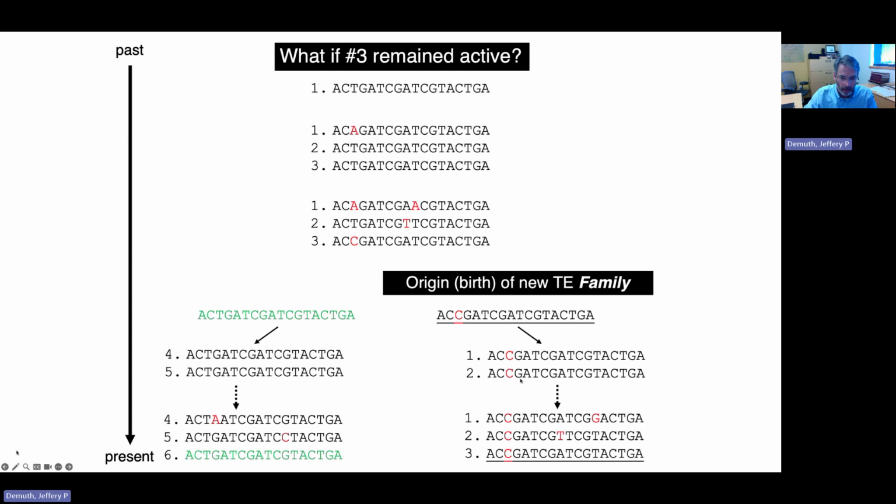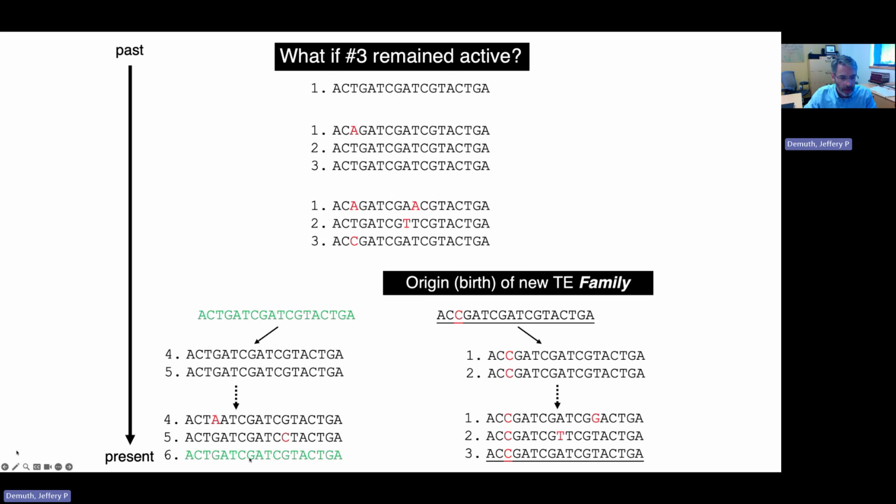that has a C there, you can see this whole family now is going to share the ancestral C at that position. And as it starts to proliferate in the genome, it will have its own signature of mutation where these guys are all more similar to each other because they share that C, whereas over here, they all have a T at that position.